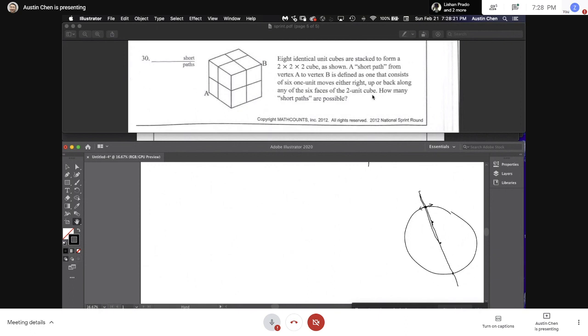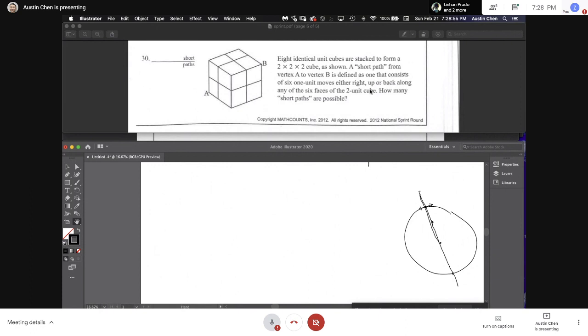Depending on which direction you're facing, your right, up, and back is going to be different. And back is weird, right? We don't know if it's talking about down or left. But basically we just assume you can go in any direction.